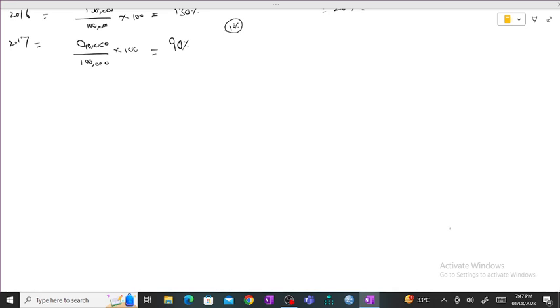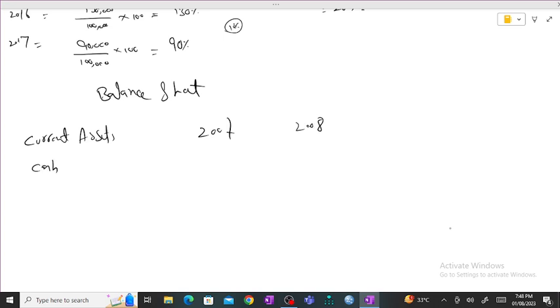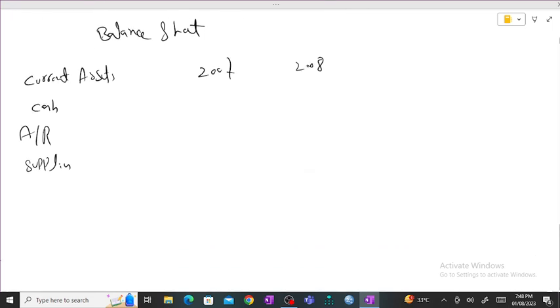Let's take an example. Balance sheet. Let's say we have current assets, for example for 2007 and 2008: cash, account receivable, supplies, inventory.